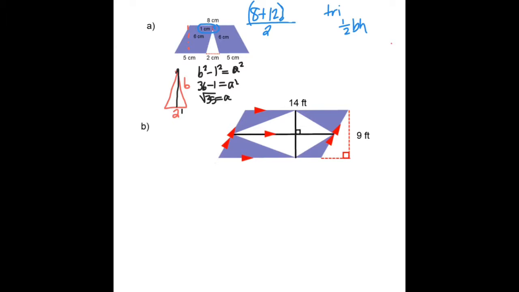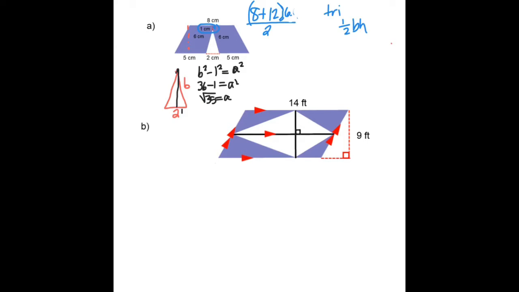And I'm just going to turn that into a decimal. So 1 plus the square root of 35 is 6.916. I'm going to say 6.92. So, actually, I'm not going to round it up. I'm just going to leave it at 6.91.